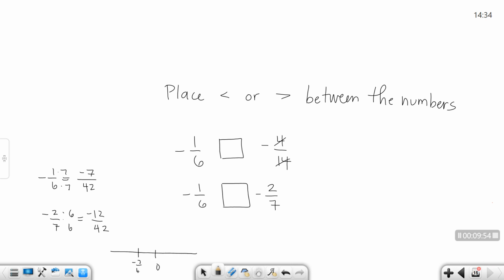You'd have a negative 7/42 here and a negative 12/42 here. So this one right here is less than. So if the negative 12/42, which is this number, is less than, that means the negative 1/6 is greater than, and remember the alligator mouth always goes to the greater number. And that's how that one would look.